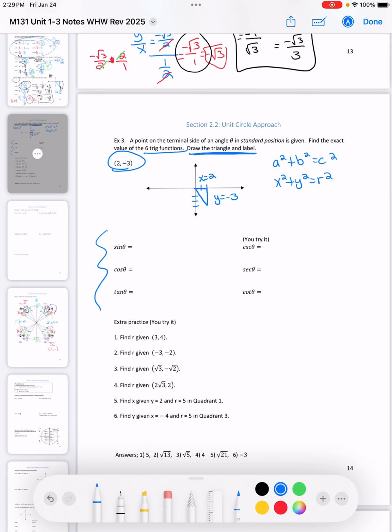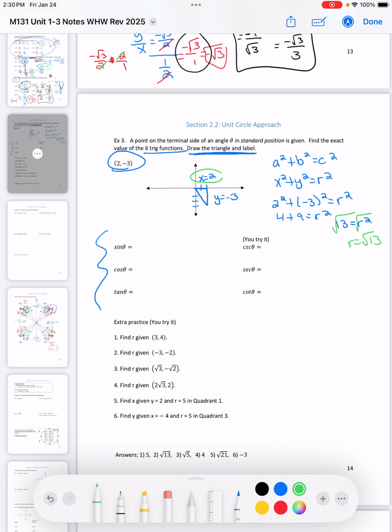So I'm going to plug in. I know x was 2. Be careful of that -3. Make sure to put it in parentheses. That's going to give me 4 plus 9 equals r squared. So 13 is equal to r squared. I'm going to take that square root, and r is equal to the square root of 13.